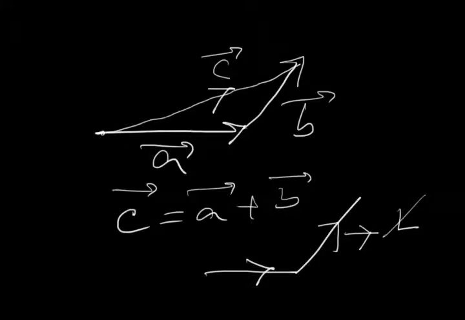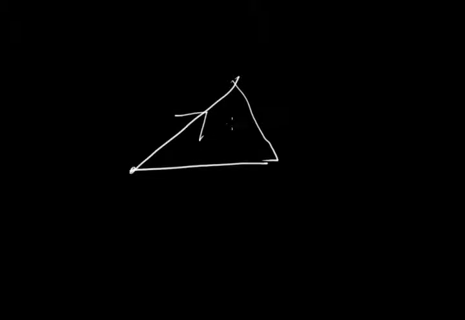Now let us come to another case where we can show how you can add the vectors and take the law further. Say you are adding these vectors. I have two vectors like this, and I have another vector like this.